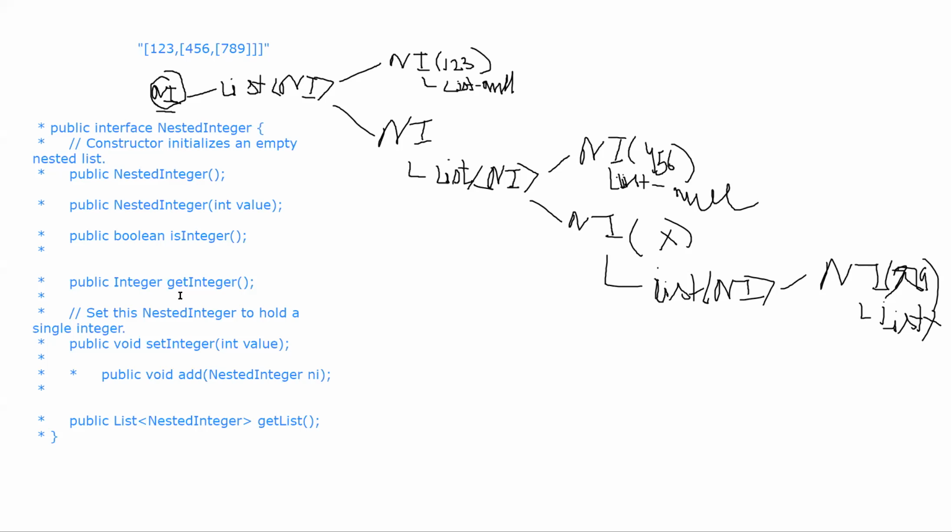Then you can even say get integer. But if it does not have an integer, then it would have a list like this. And this is a top level nested integer, which will have a list of nested integer. One will be 1, 2, 3, and one will be like this one.